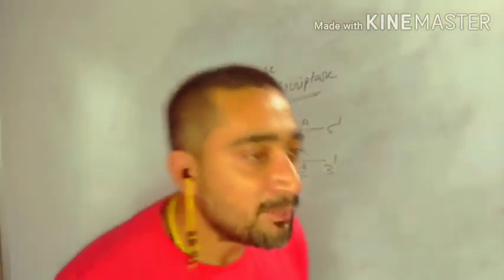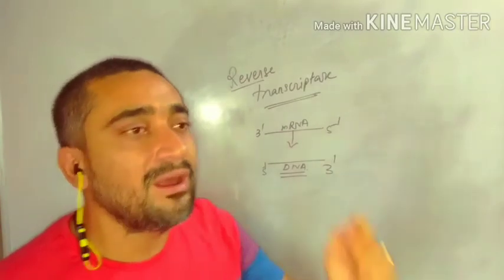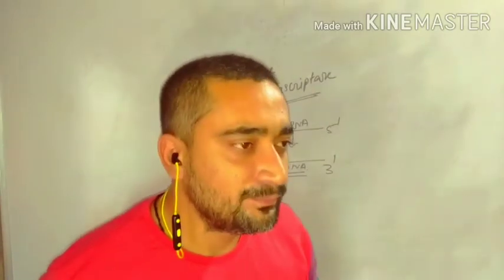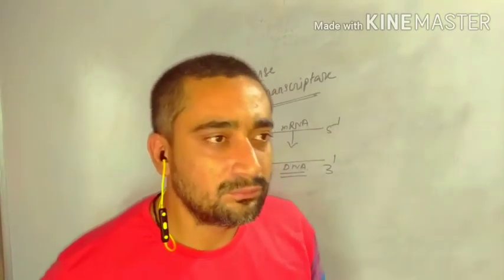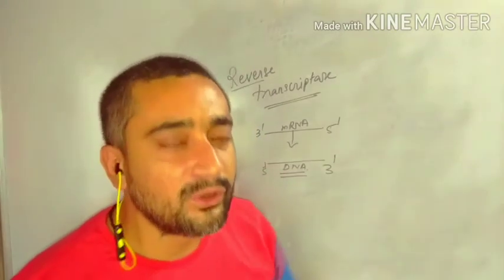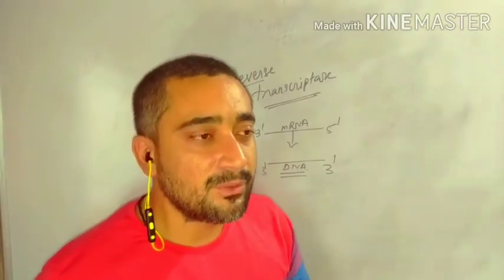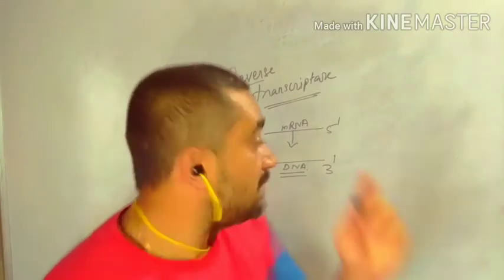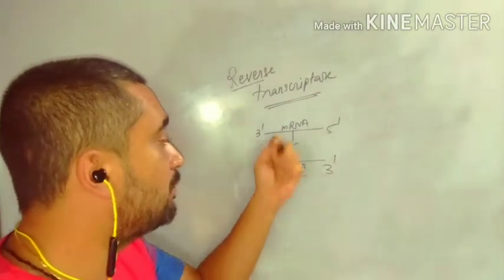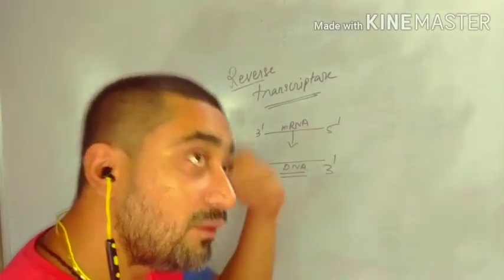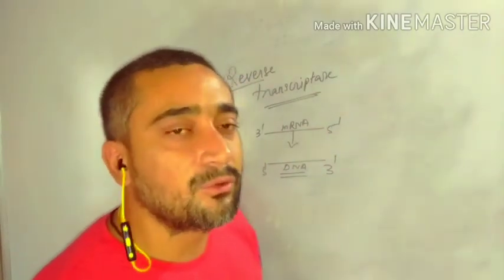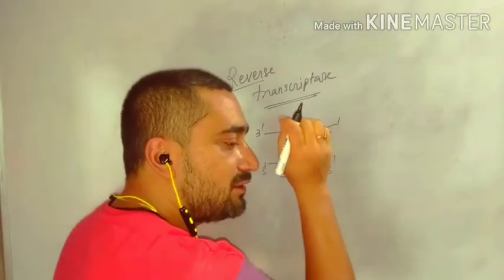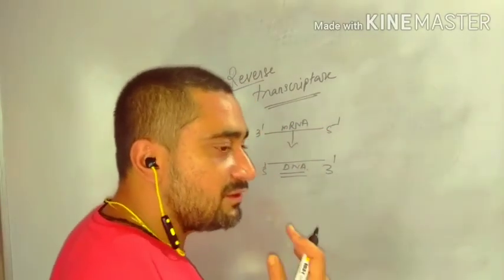What can we do? Suppose we don't know the sequences for any protein, say the protein which is producing human growth hormone. The gene we don't know, the structure we don't know. We don't know the sequences responsible for the production of human growth hormone. But what we can find is the RNA which is actually producing this particular hormone. We can take this particular mRNA, from which the protein will be synthesized.